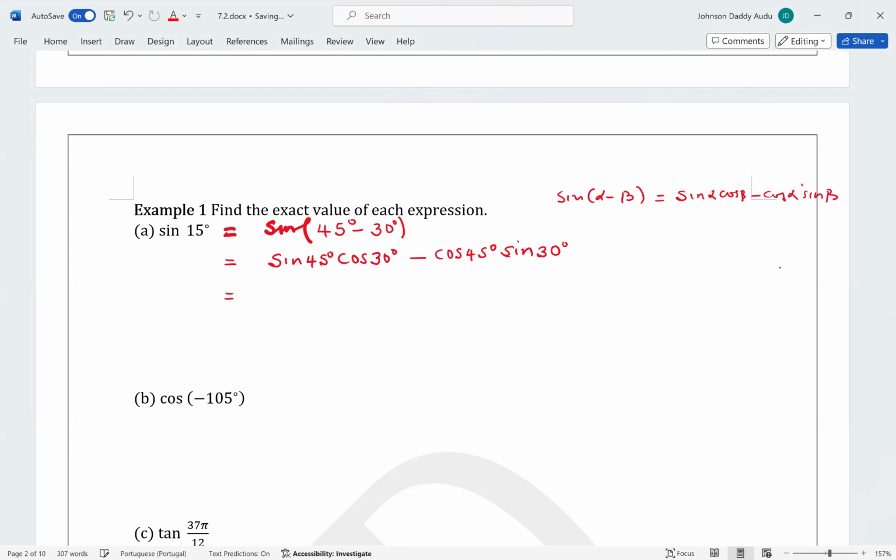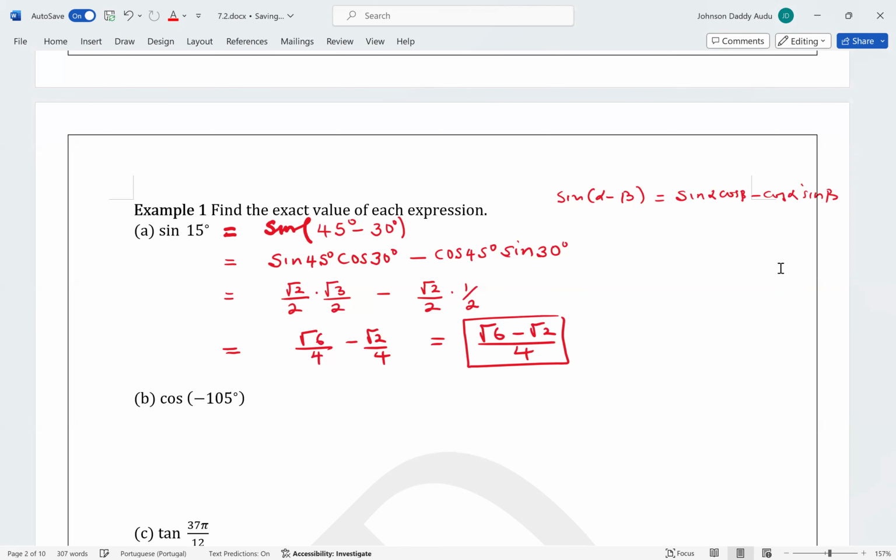Sine 45 is root 2 over 2, cosine 30 is root 3 over 2, minus cosine 45, which is still root 2 over 2, and sine 30, which is 1 over 2. This is just root 6 over 4 minus root 2 over 4, which we can put together as root 6 minus root 2 over 4.